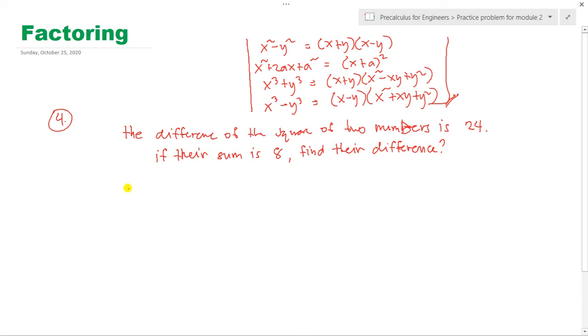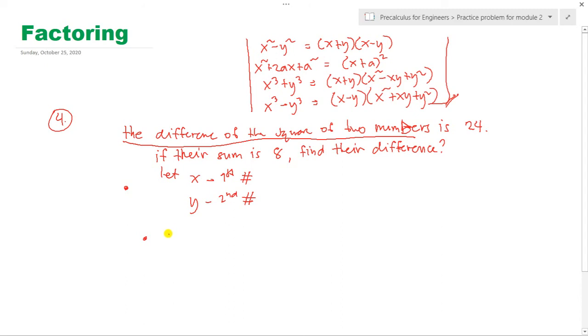So, what will we do? Of course, remember your conversion from verbal statement to mathematical expression. Because the problem is in verbal statement, we will interpret it. So, let's take them one by one. The first one, the difference of the square of two numbers. Let's say I will let x be the first number, and then I let y be the second number. So, the difference of the square of two numbers is 24.